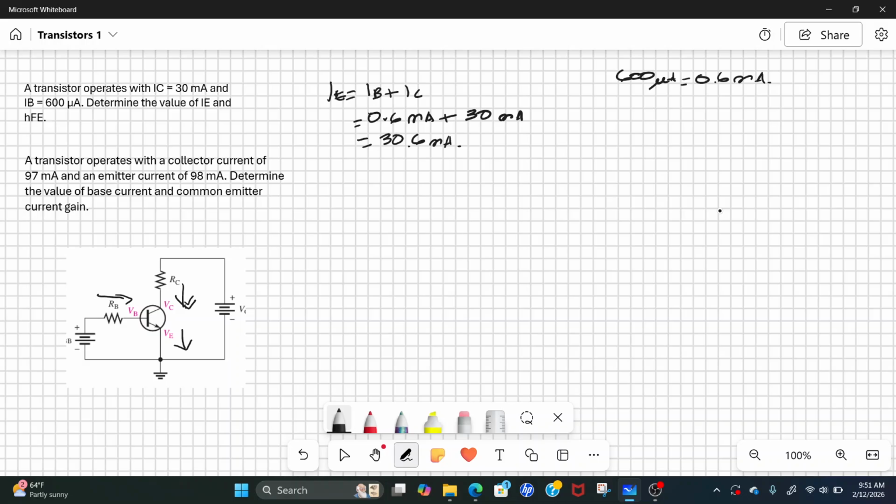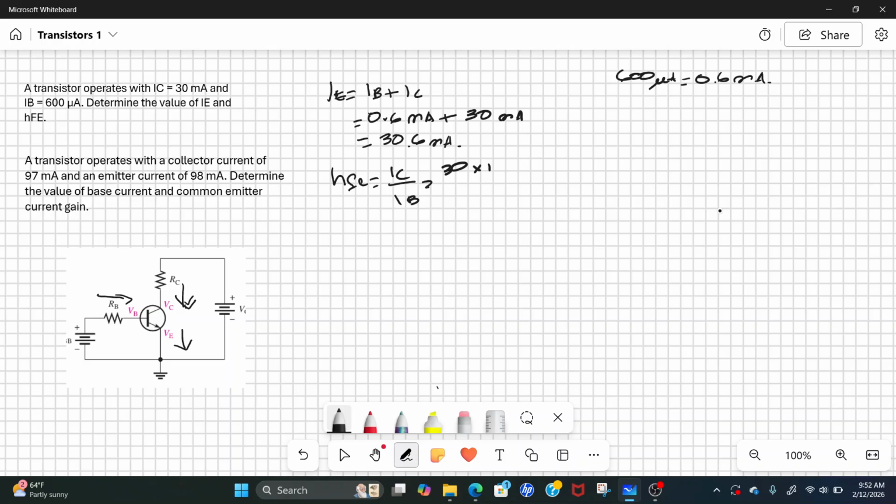The next thing that we need to do, we need to calculate the HFE or the gain. So the HFE is equal to the collector current over the base current. So we have the collector current, which is 30 milliamps.